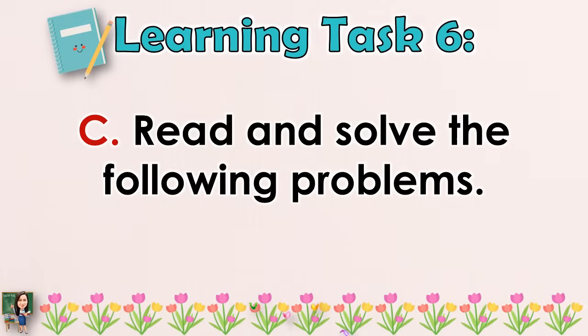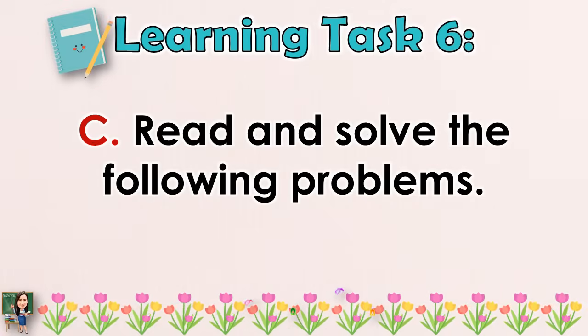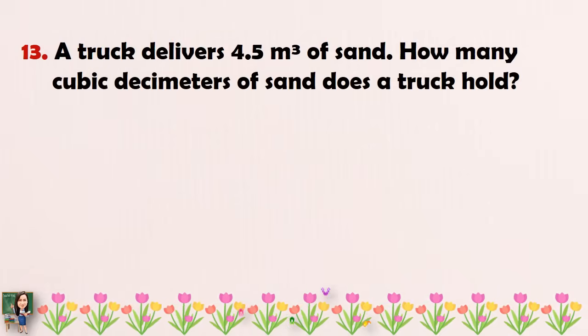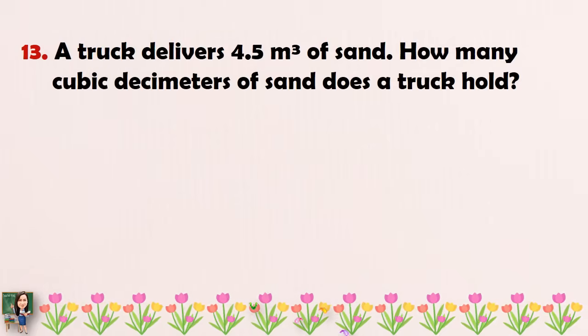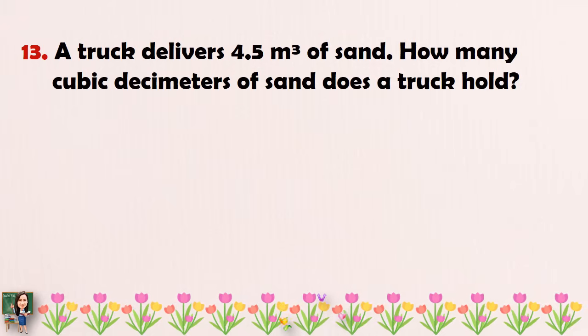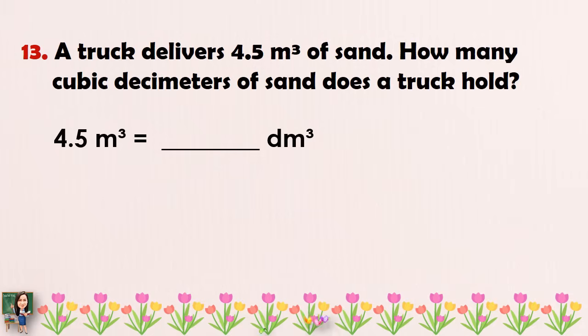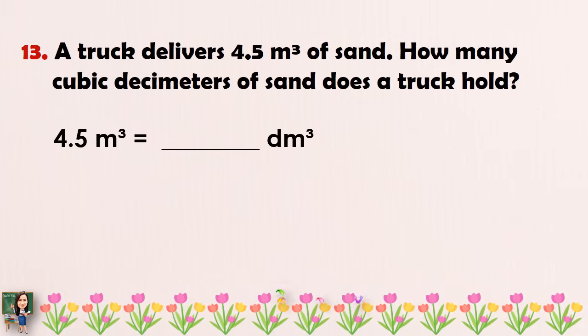For letter C, read and solve the following problems. Number 13. A truck delivers 4.5 cubic meters of sand. How many cubic decimeters of sand does a truck hold? 4.5 cubic meter is equivalent to how many cubic decimeter?